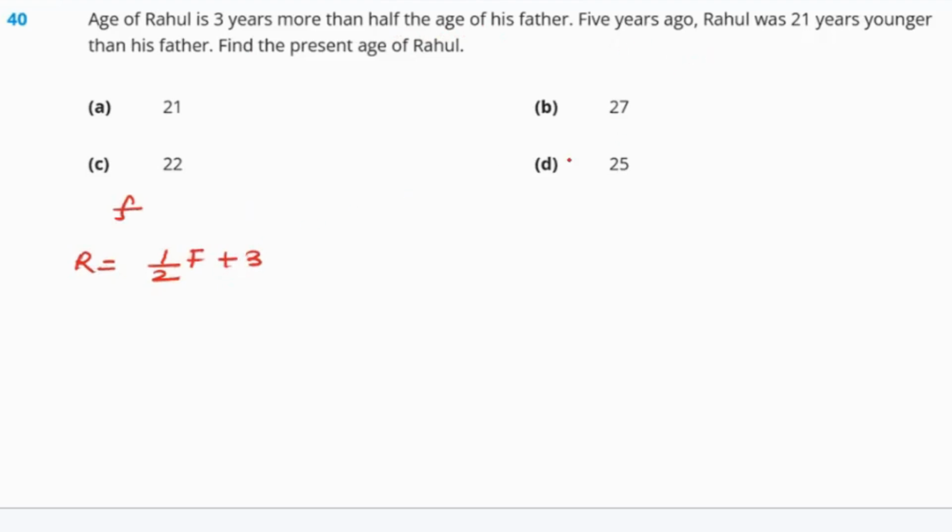Five years ago, the father will be F minus 5, and Rahul will be, if we take Rahul as R only, we will put the value afterwards.